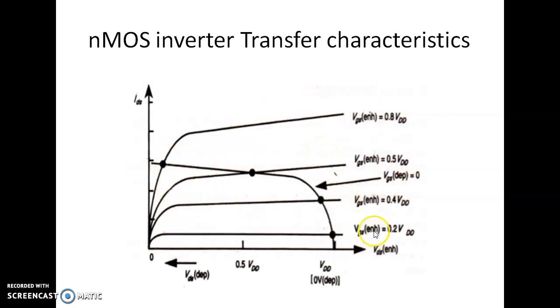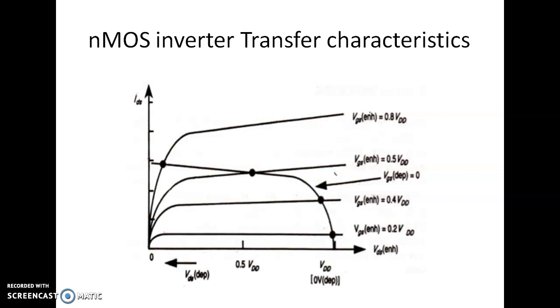We know the enhancement MOSFET will work for positive gate voltage: VGS is 0.2 volts, 0.4 volts, 0.5 volts like this. Whenever we give a gate voltage greater than the threshold voltage, the NMOS begins to turn on, and it is to be given a positive supply. Then only the inversion layer will form, the electrons move from source to drain, and IDS flows.